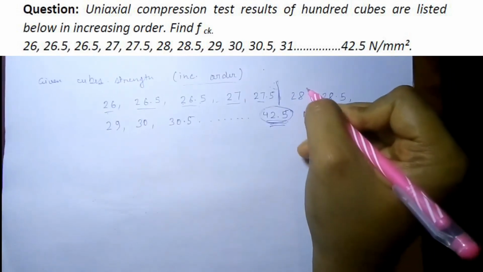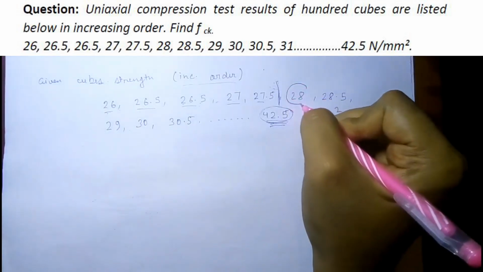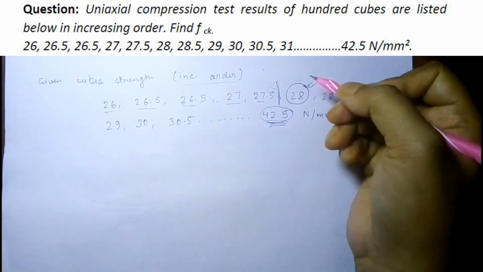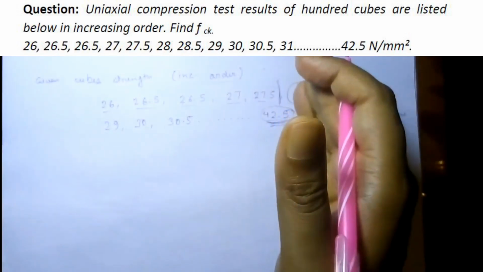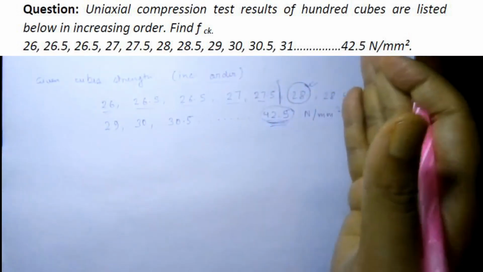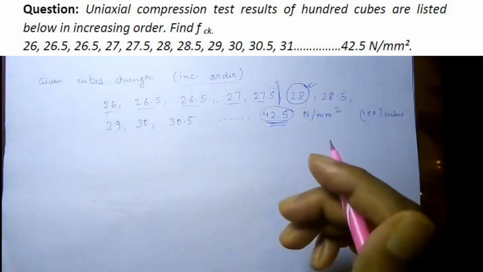So we can say that the characteristic compressive strength is given by this 28. We take the value just above the first 5 cubes, so that is 28.